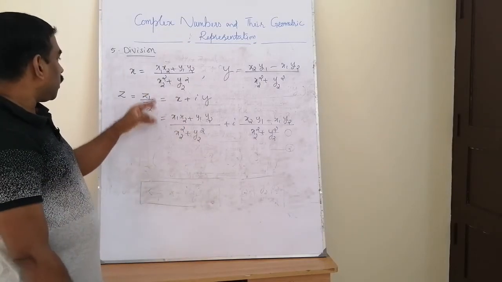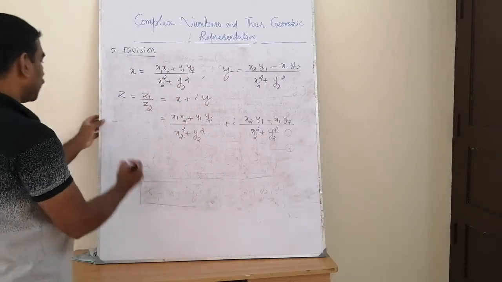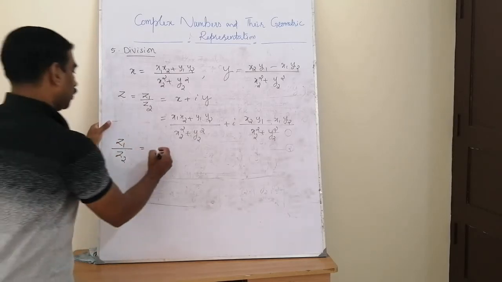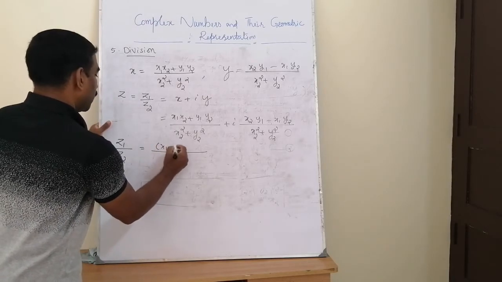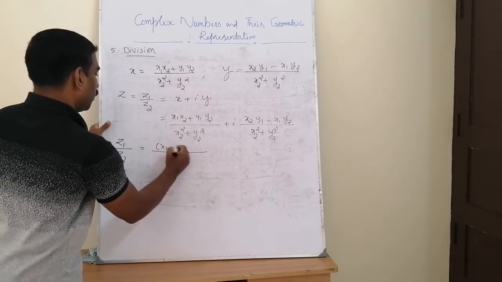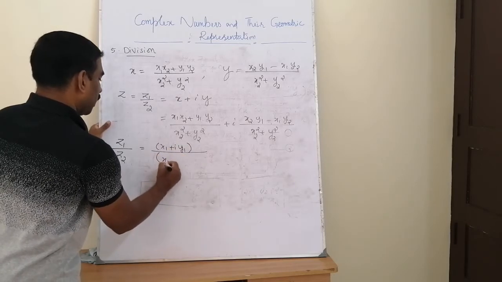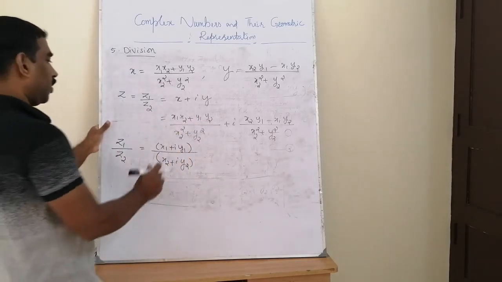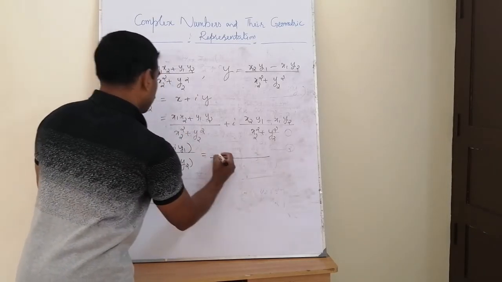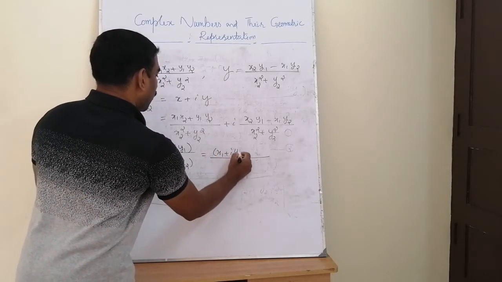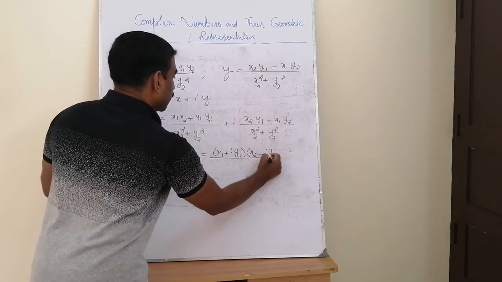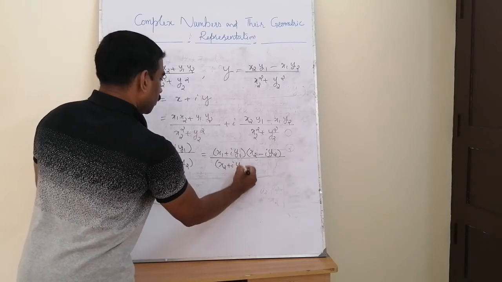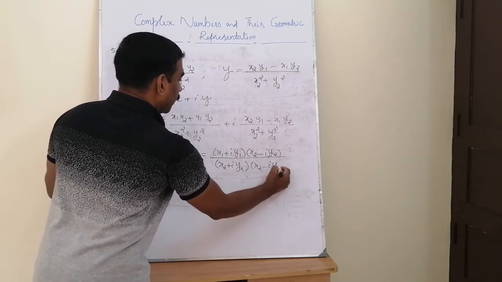In order to remember this computation of the quotient, we will apply a technique. What is the technique? In order to compute z1 by z2 where z2 is not equal to 0, directly write the values of z1 and z2: (x1 plus i y1) divided by (x2 plus i y2). For obtaining this result, we multiply both numerator and denominator with another complex number, that is (x1 plus i y1) into (x2 minus i y2) divided by (x2 plus i y2) into (x2 minus i y2).